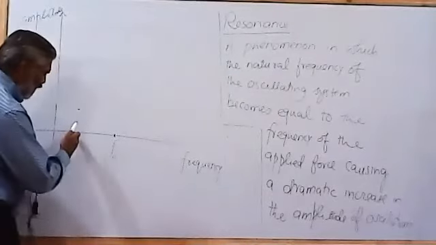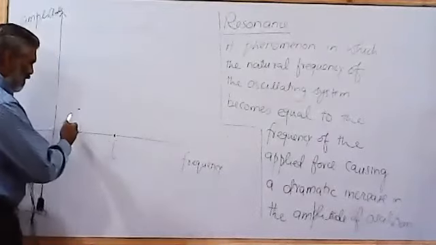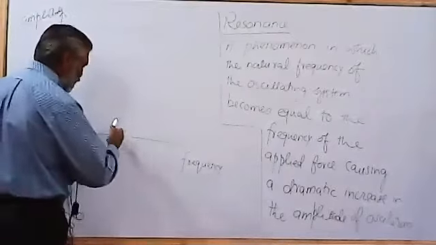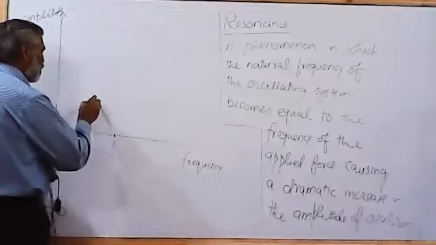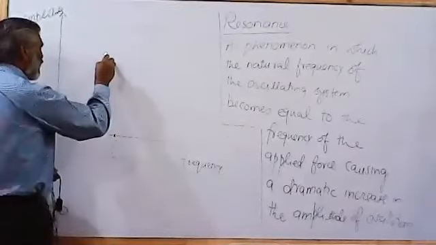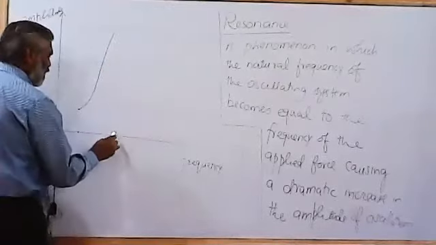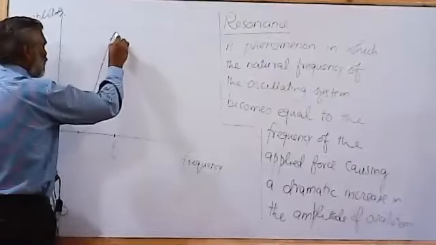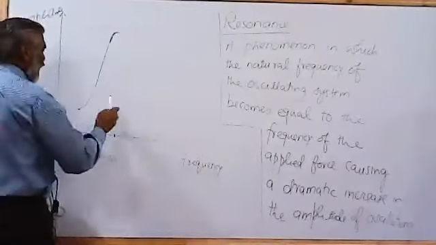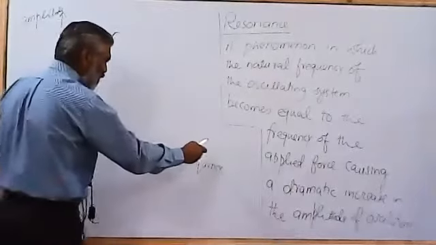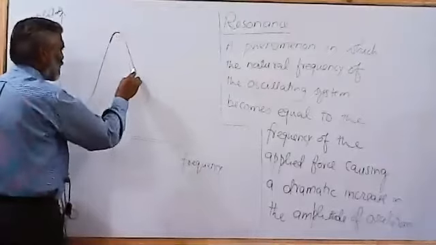But as we start increasing the frequency of the applied force, and it goes on becoming comparable to this, we see an increase. And this is where the peak is created. Exactly at the natural frequency, when the two frequencies match, we have a peak, and if we go on increasing the frequency of the applied force, the amplitude decreases again.